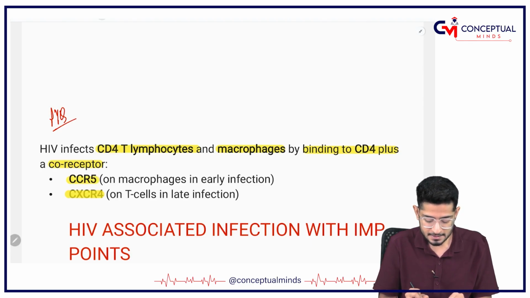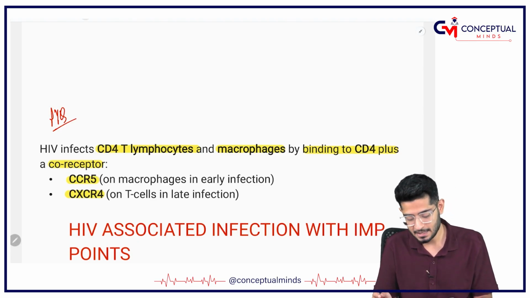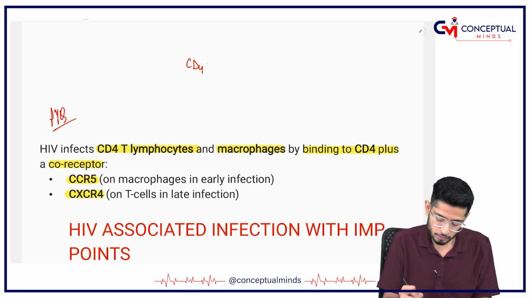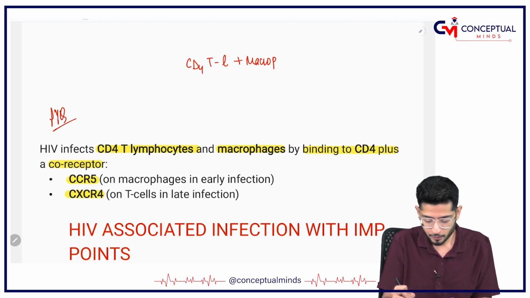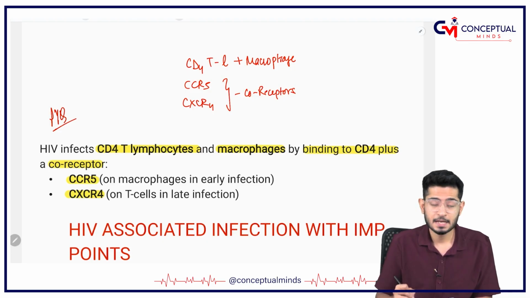CCR5 and CXCR4. So, these three things, CD4 T lymphocytes plus macrophages, and in fact the CCR5 and CXCR4 co-receptors, are the main target of HIV.